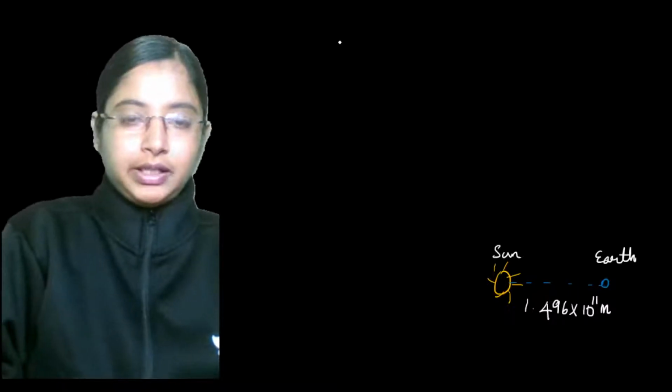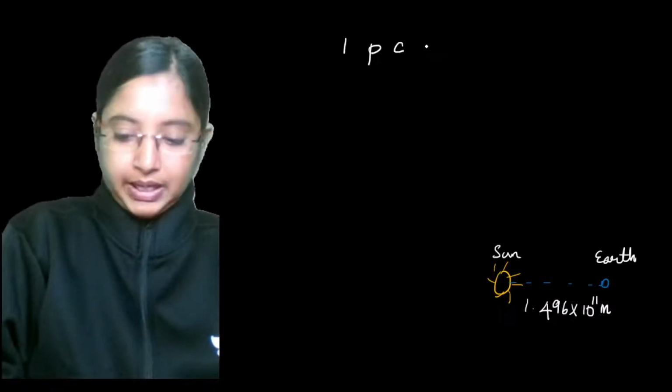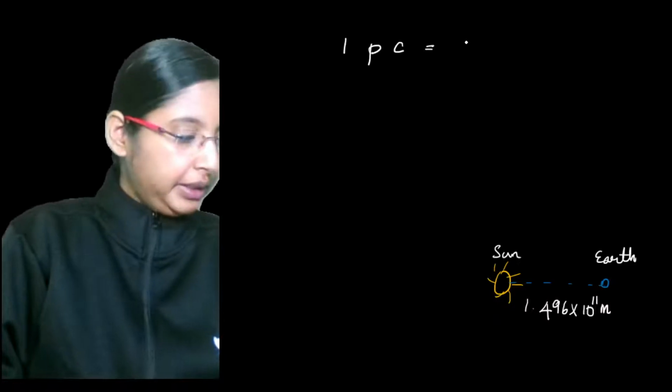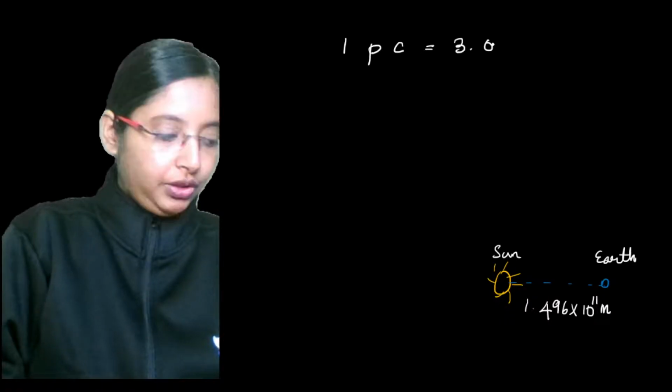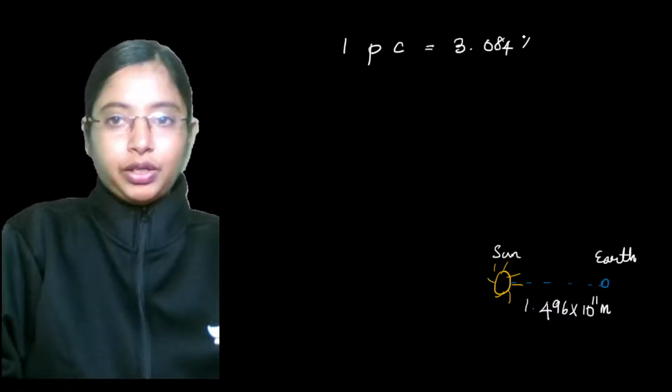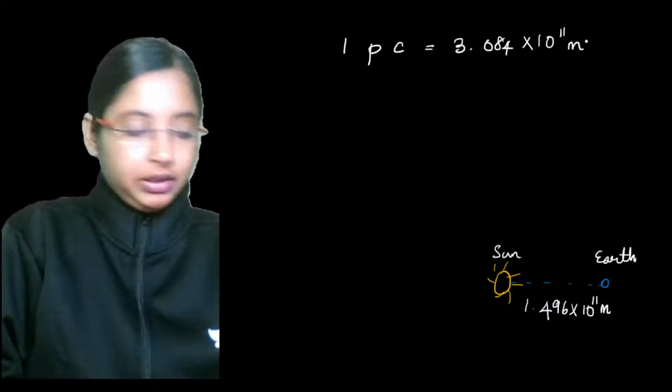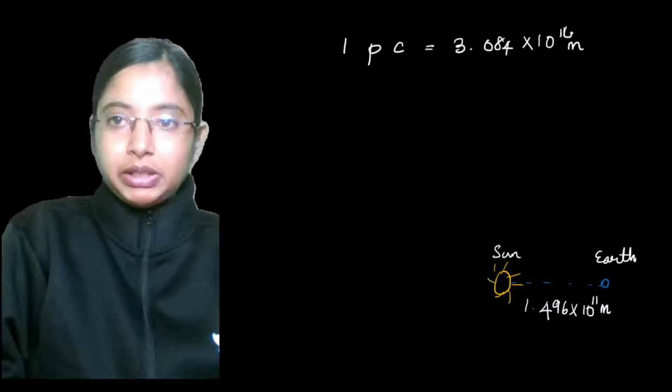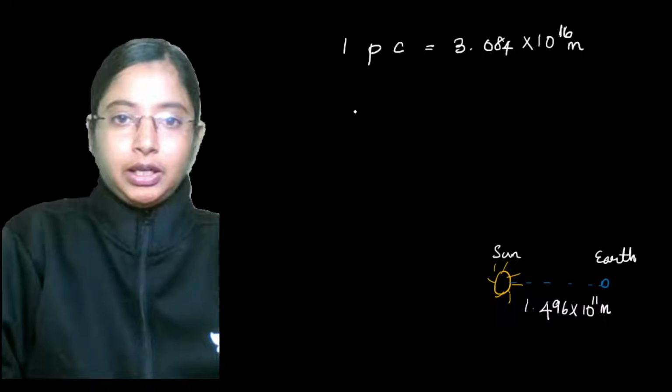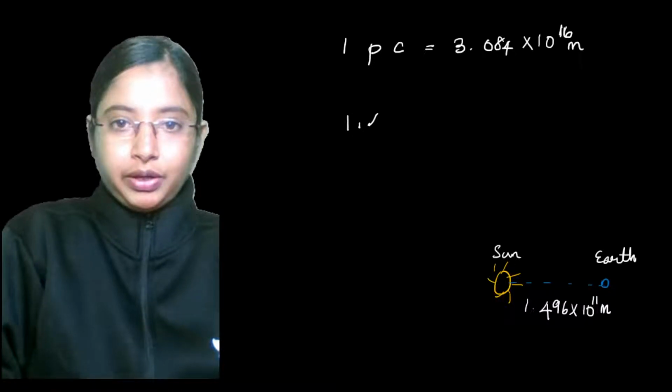Now, in terms of parsec, 1 parsec is nothing but 3.084 into 10 to the power of 16 meters. That's 1 parsec. Now we know this distance is 1.496 into 10 to the power of 11 meters.